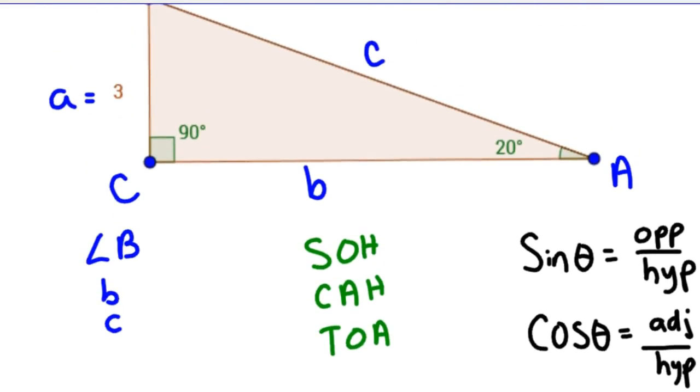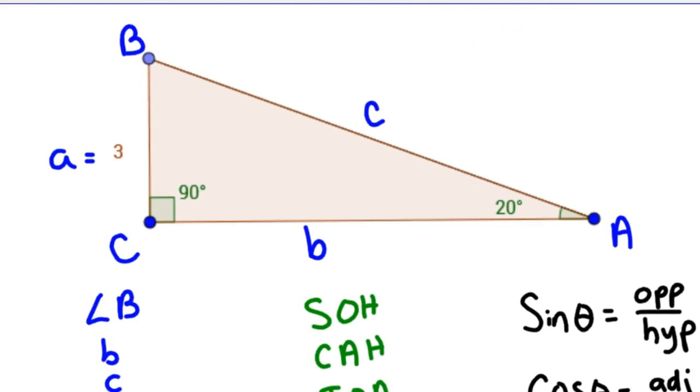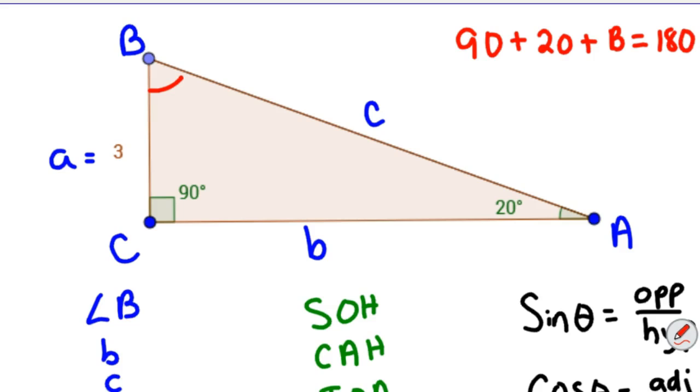So if we go into this, angle B is pretty easy to find. We'll find that first. Hopefully by this point that you're studying trigonometry, you know that triangles in 2 dimensions like this with Euclidean geometry add up to 180 degrees, all the angles inside of there. And so we know that 90 plus 20 plus angle B has to be 180 degrees.